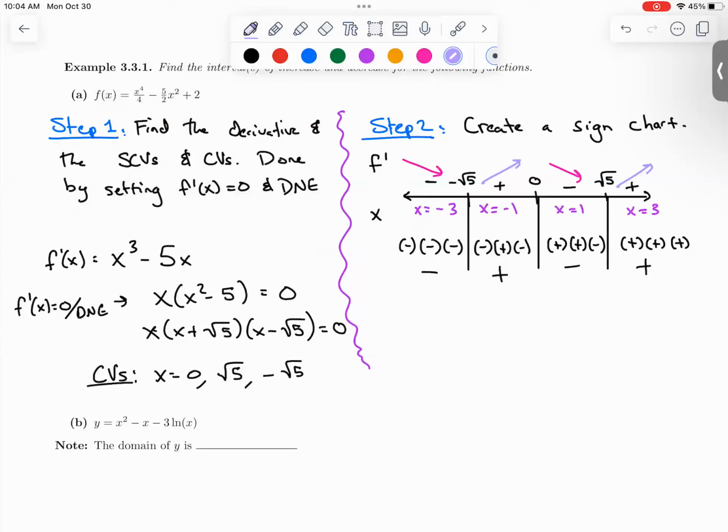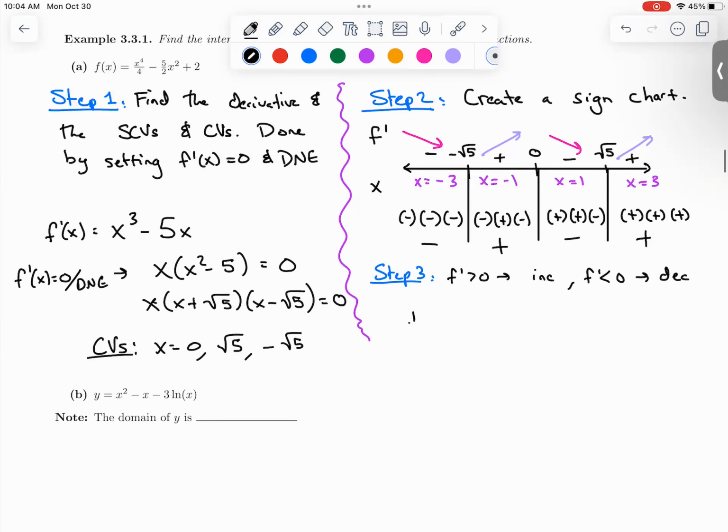Step 3: f prime greater than 0 implies increasing, f prime less than 0 implies decreasing. So it's increasing on 2 intervals.